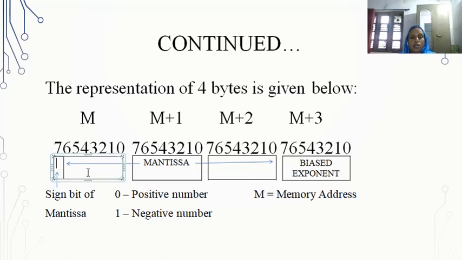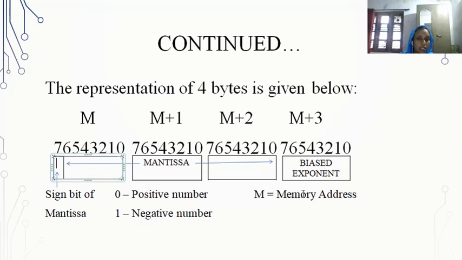So the next 23 bits are used to represent the magnitude of the mantissa. Finally, the last 8 bits, the last memory, are used to represent the biased exponent.